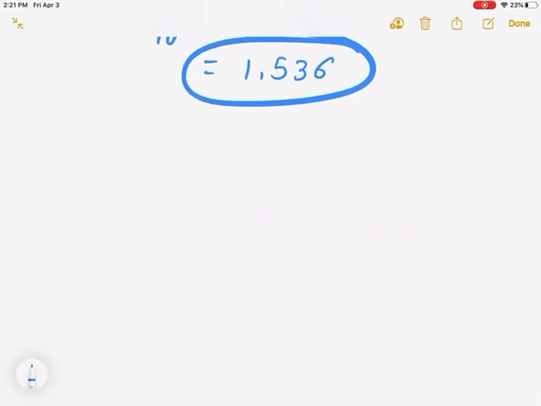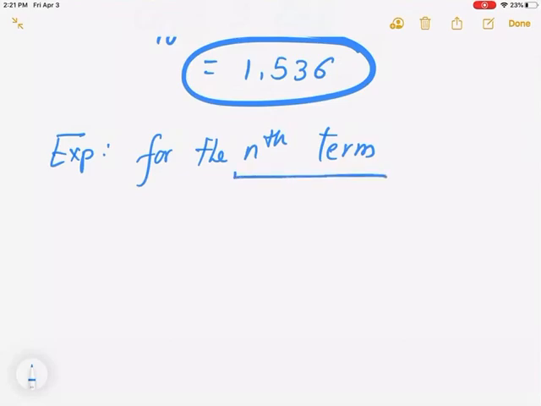Oh, hold on. Let me show you the explicit rule for the nth term. The nth term, because you know I'm not asking you for the 10th term all the time, right? So you have to have an explicit rule in general. So a_n, what I'm looking for, is going to be equal to a1, which is my first term, and this is going to get multiplied by the ratio.